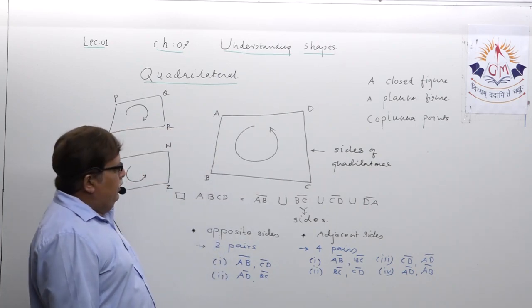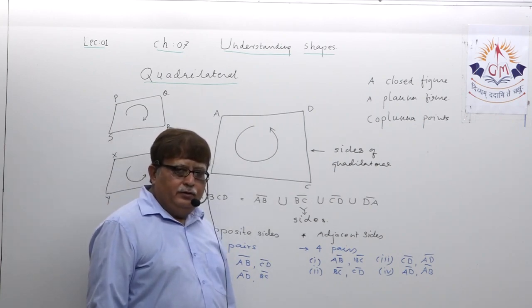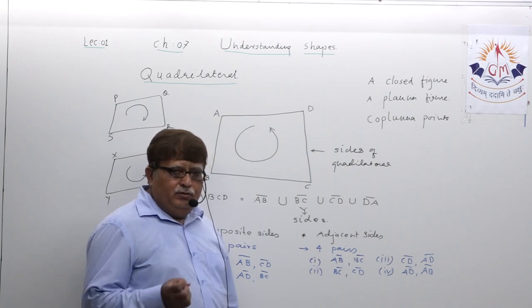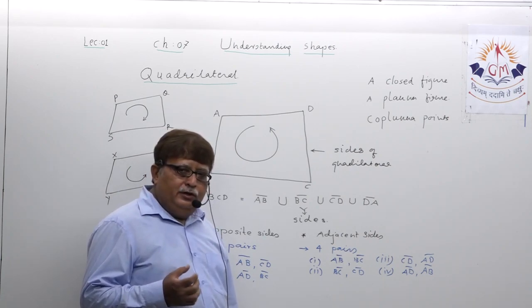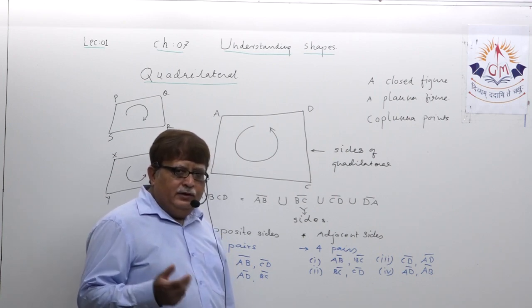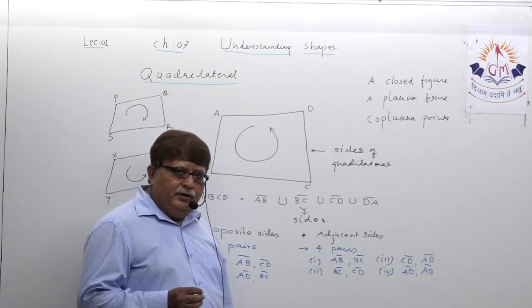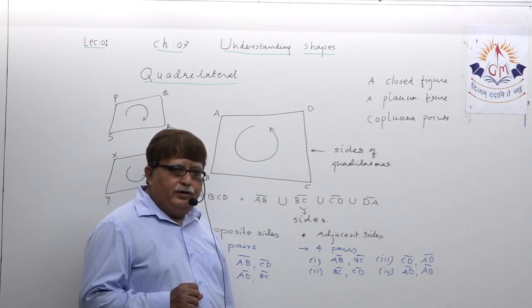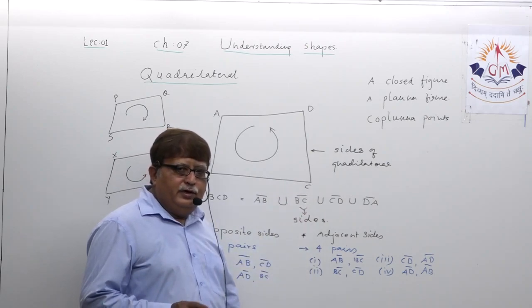Let us also discuss angles. Now, my dear student, still you are in 8th standard, so I do not want to confuse you more in the concept of angle. In 9th standard, when you go, you will understand that angles are actually not a part of the quadrilateral, they are a part of the interior of the quadrilateral.